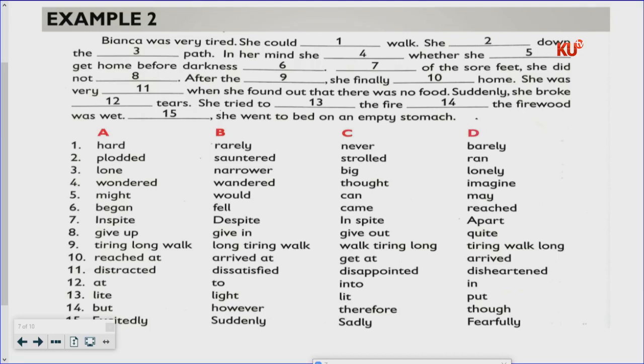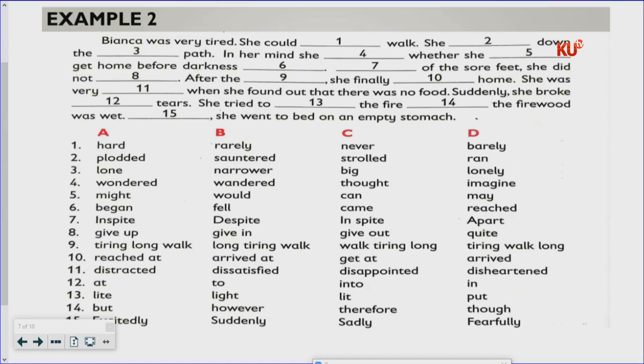She dashed down the dash path. She plodded down the path, she sauntered down the path, she strolled down, she ran down. She was tired, remember?